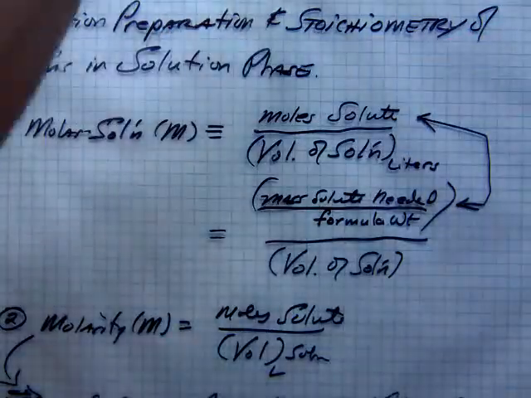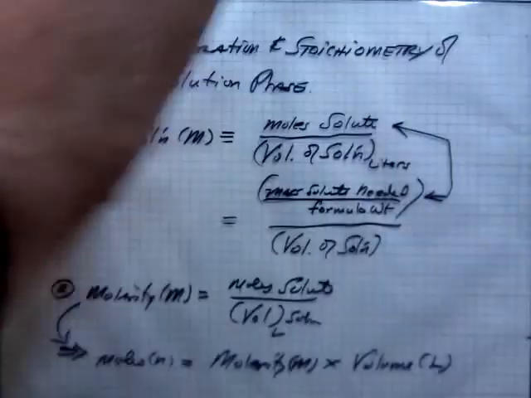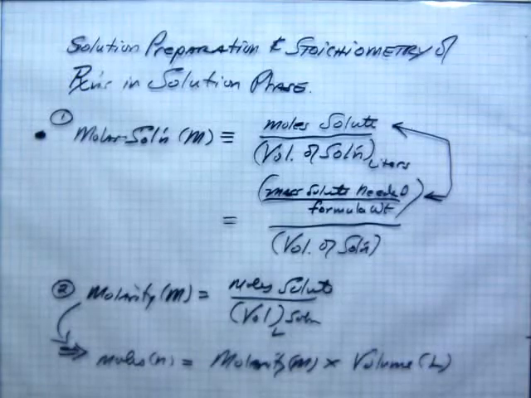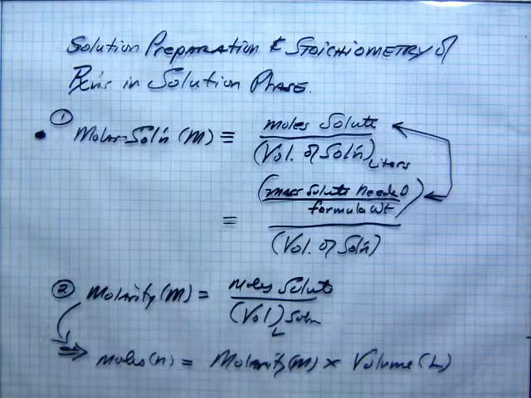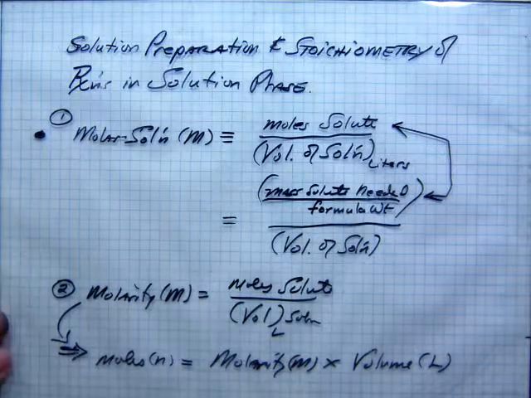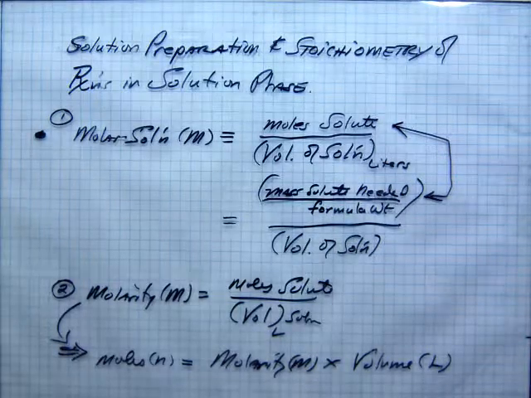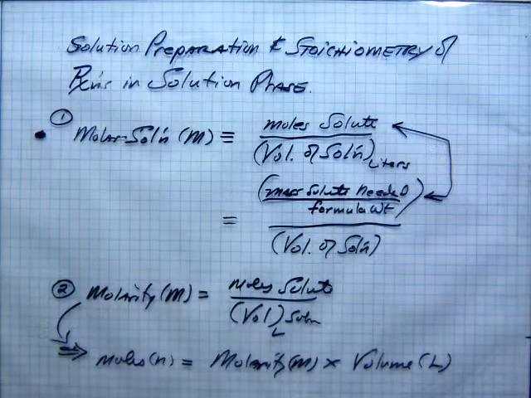Okay, so now we have the two ideas in terms of working with solutions and solution concentrations right here. And this is what we want to work with in our problem set.